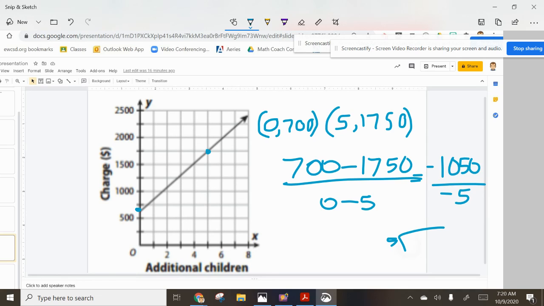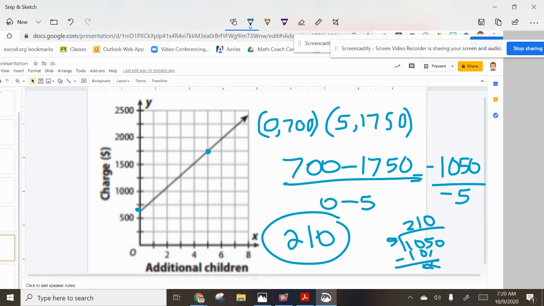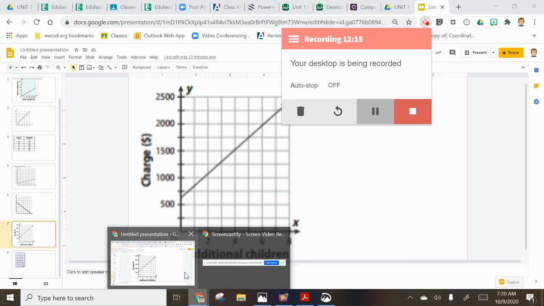If you did it on the calculator, it's going to be 210, I believe. So 210. So my slope is going up 210 every 1. And that is pretty accurate. That's a pretty good estimation, okay? So at this point, I think I have one more for you. One more.